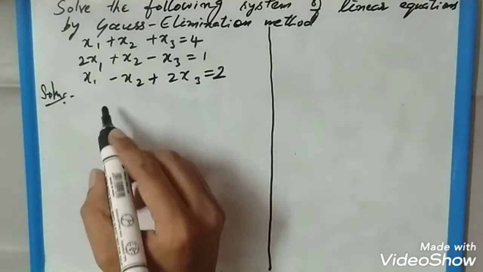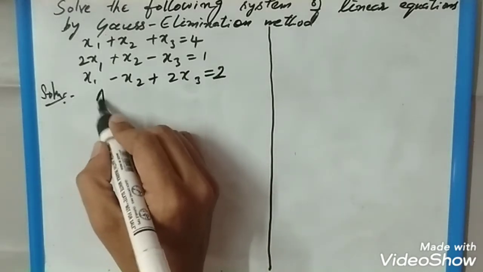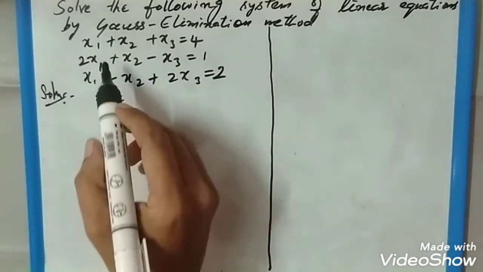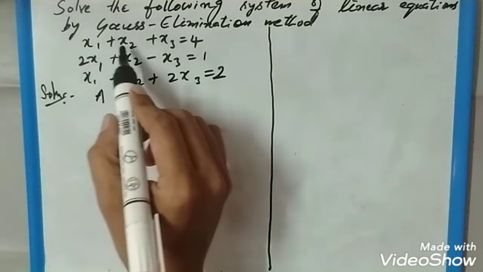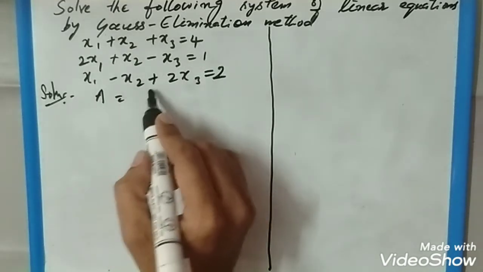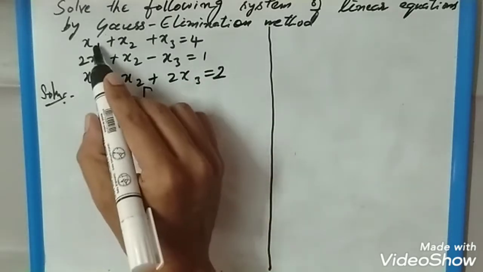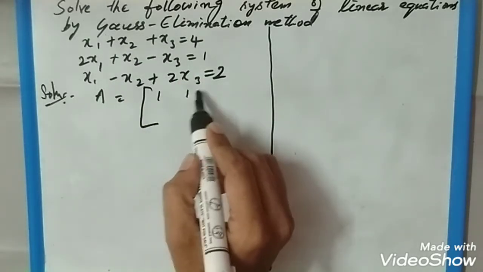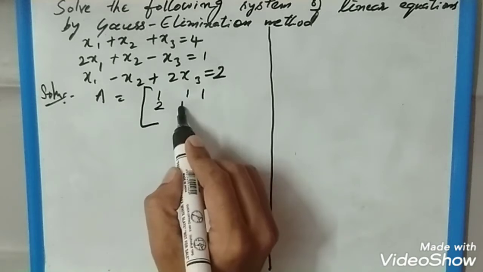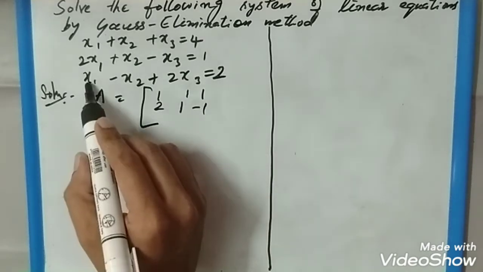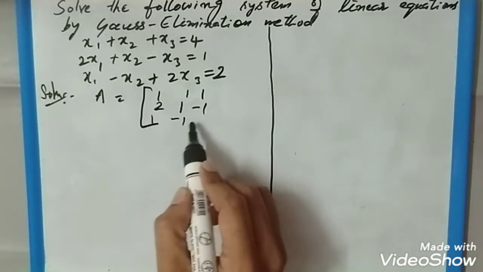We can write the first step as the coefficient matrix A. The coefficient matrix A is nothing but the numbers that are the coefficients of x1, x2, x3. First row, first equation: 1, 1, 1. Then 2, 1, minus 1, and then 1, minus 1, 2.